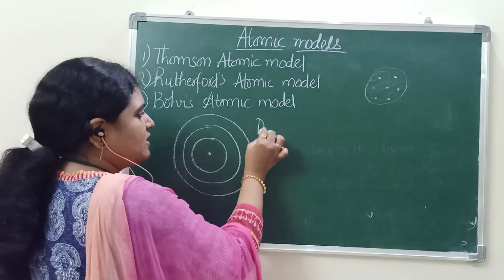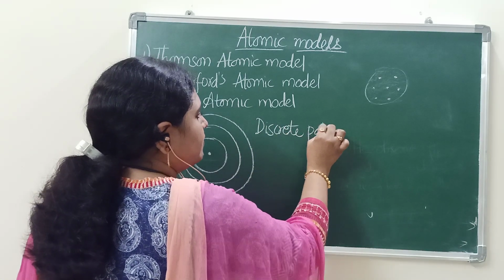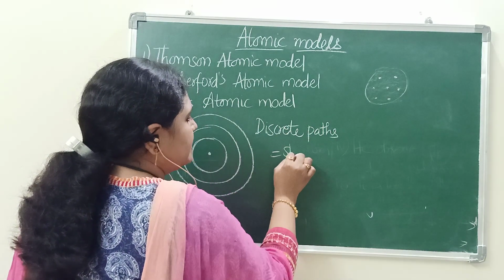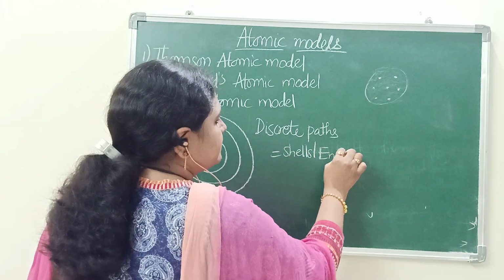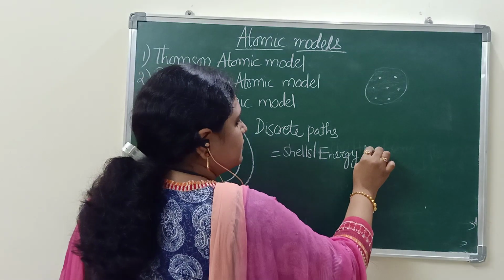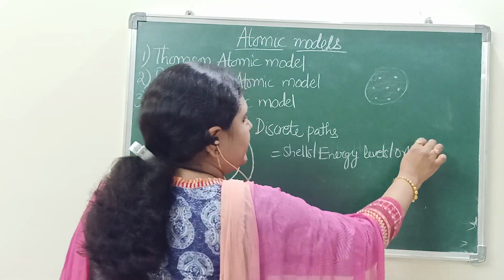These discrete paths are called shells, energy levels or orbits.